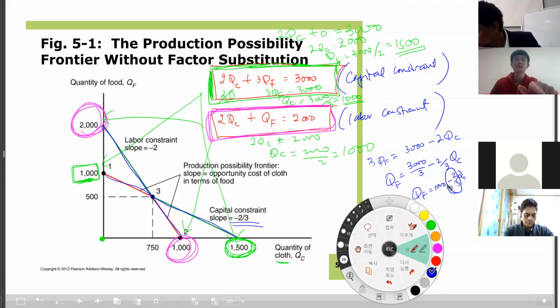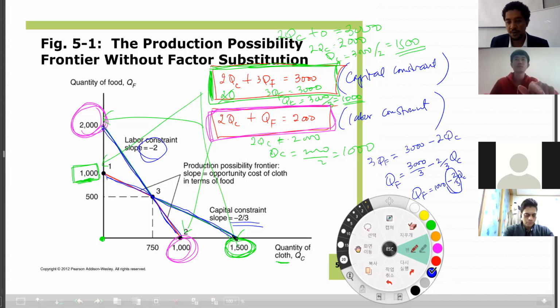So negative 2 over 3 is the slope for the capital constraint. Now compute the same thing for this one. The slope will be negative 2. So this is the labor constraint when we use all the labor we have to produce either clothes or food.